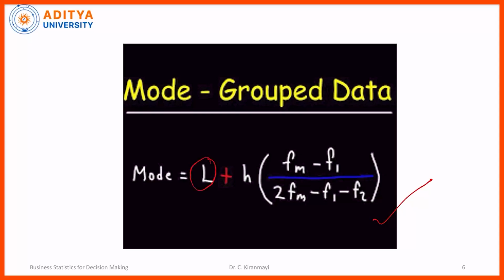Here L represents the lower limit of the modal class, h represents the height of the modal class, and fm represents the frequency of the modal class. f1 represents the frequency of the class preceding the modal class, and f2 represents the frequency of the succeeding class interval of the modal class.